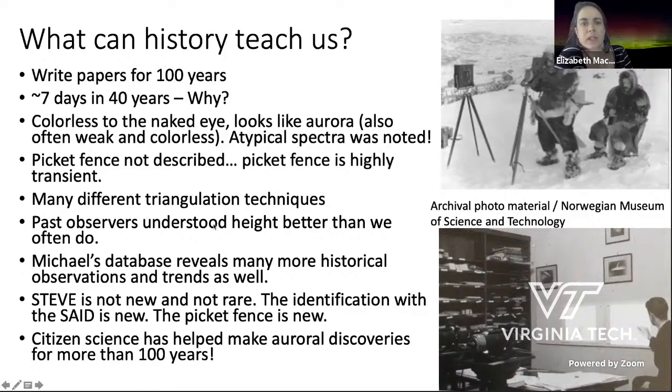Past observers really might have understood height, or what I mean by that is where in the sky the aurora was, because they were out there seeing it and they knew their constellations and how fast it was moving. And it's really amazing when you look at some of these older observations, the sketches of these arcs and the precision with which they were able to describe the behavior, with the technology that they had.